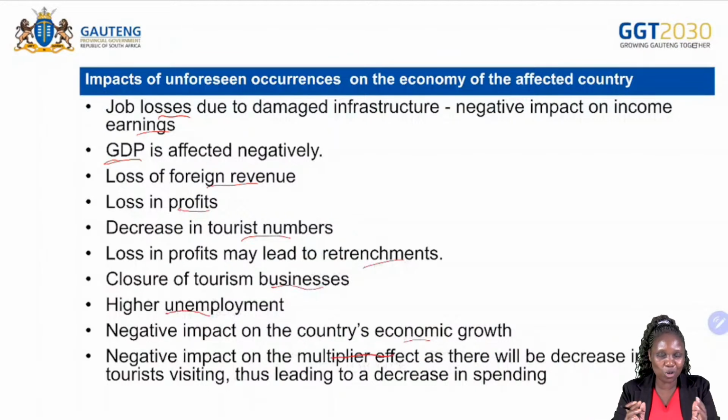Therefore, a lot of money was coming into the country because there were a lot of tourists visiting the country. But if the country experiences an unforeseen occurrence, natural disasters, then the tourists will be scared away. They won't visit such a country. Then the country is going to lose a lot. All right.